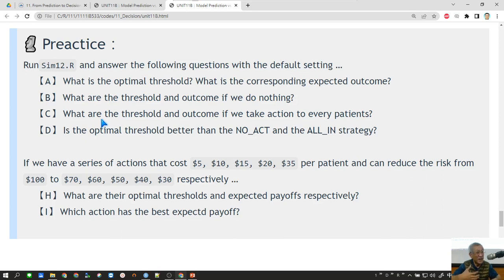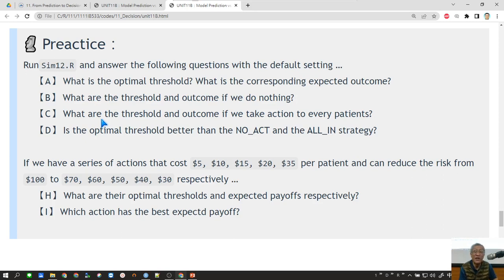If I want to take action on everyone, then what is the threshold? Now think about the definition of the threshold. The threshold is the threshold of action in terms of predicted probability, right? And I will take action on whoever the predicted probability is higher than the threshold.